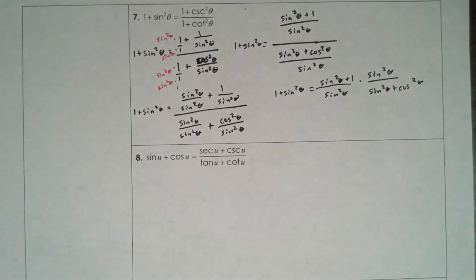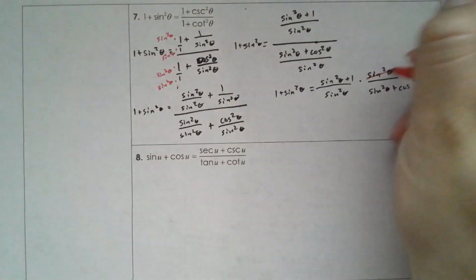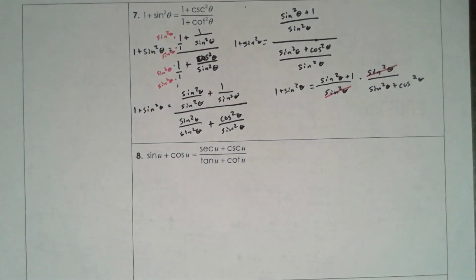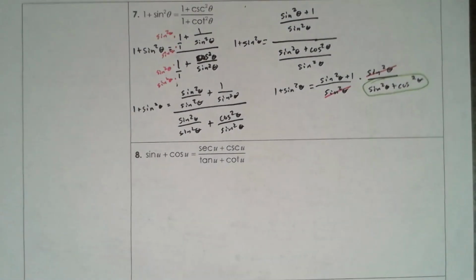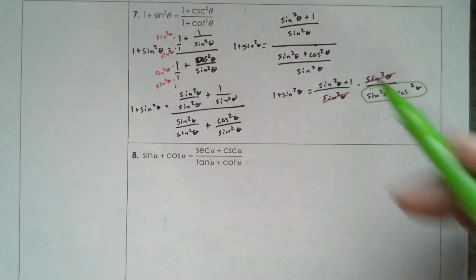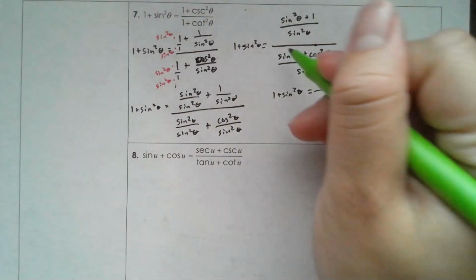So then these guys cancel. Not only that, this guy is an identity. I didn't even pick him up, he was right there too. Okay, he's an identity. Same right here. Okay, this is equal to 1.